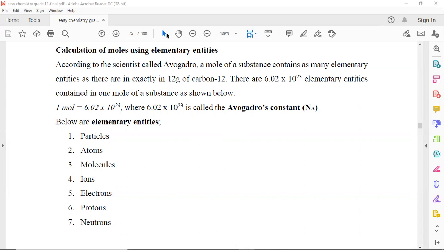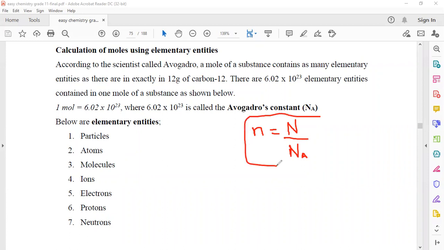There is a famous formula which states that the number of moles is given by the number of these elementary entities divided by the Avogadro's constant. This is a formula that you will encounter in other books.